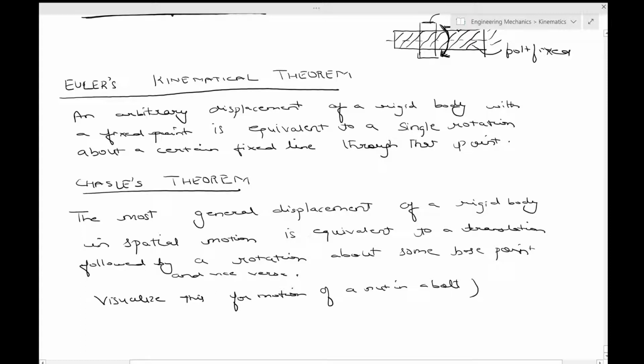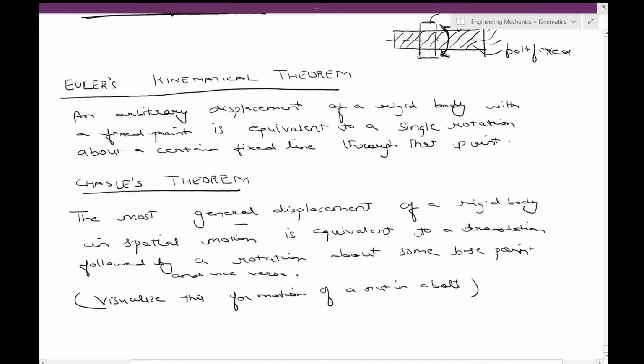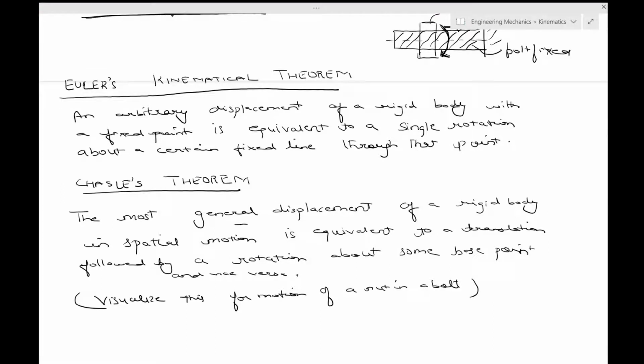You have to visualize that the most general displacement is clearly the motion of a nut in a bolt. It is equivalent to a translation followed by a rotation about some base point. What is that base point?